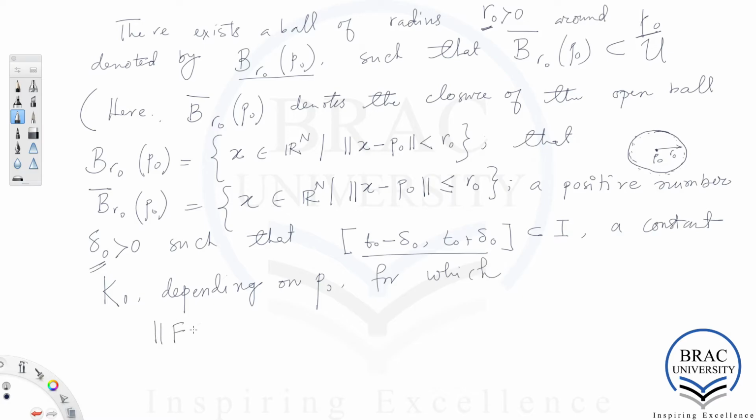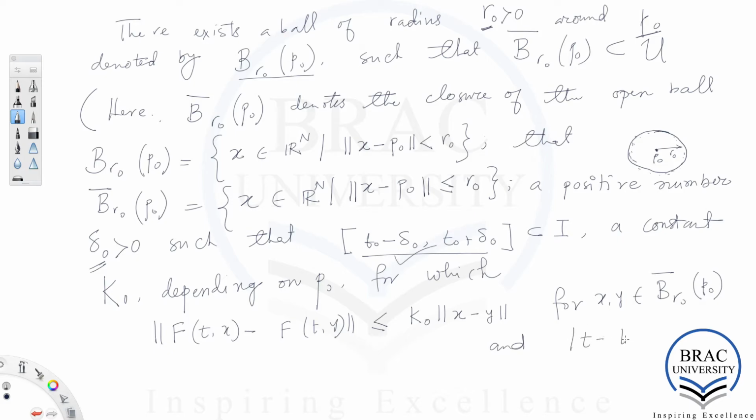The norm of the difference between f(t,x) and f(t,y) is bounded by k0 times the norm of x minus y for all x, y in the closure of the ball about p0 of radius r0, and the time has to be inside this interval.